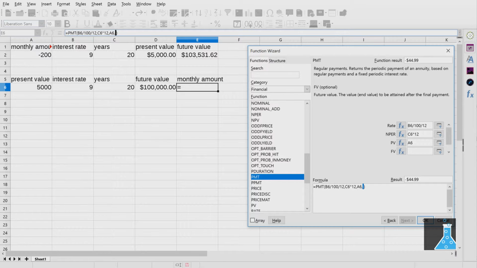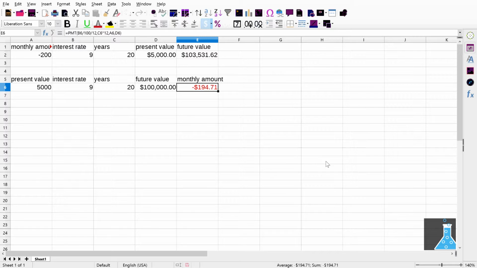And then for our future value, that's going to be D6. And then we can see our result right there. So we'll say OK. And we would need to contribute $194.71 per month if we were going to do this for 20 years at a 9% interest rate to get a $100,000 goal value. Okay.